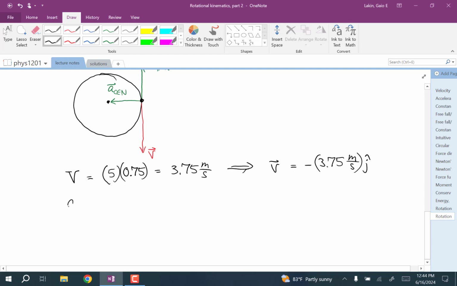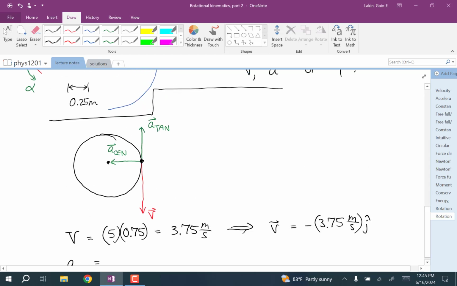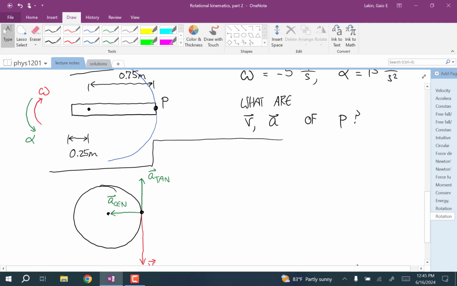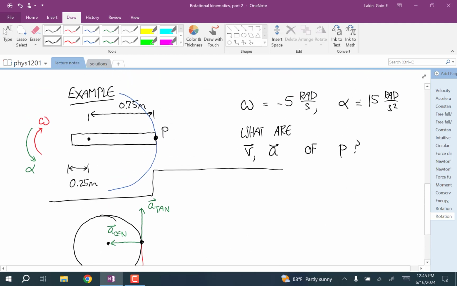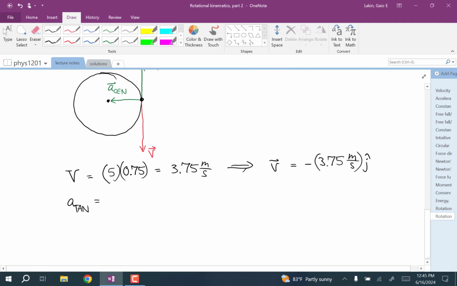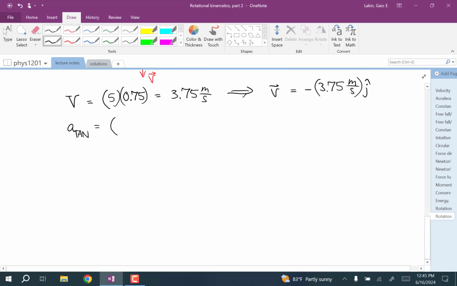Now we'll go to the tangential acceleration. This is equal to the absolute value of the angular acceleration times r. So that's 15 times 0.75. And so that is 11.25 meters per second squared.